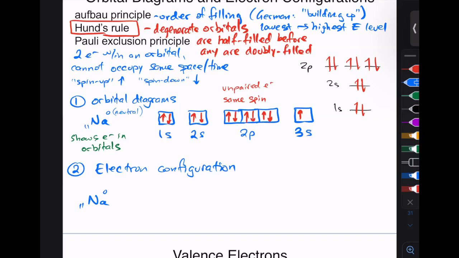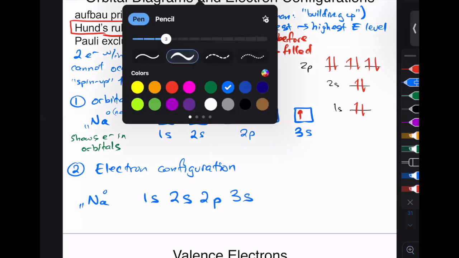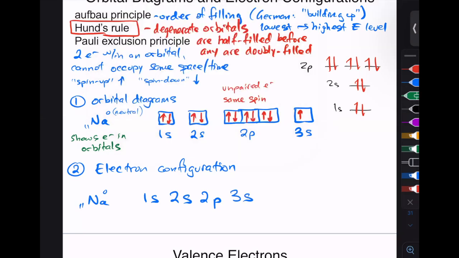So we're going to have the 1s sublevel followed by the 2s sublevel, followed by the 2p sublevel, followed by the 3s sublevel. All right, and let me just notate down here. What we're showing here is only the sublevels, but not in their orbitals.